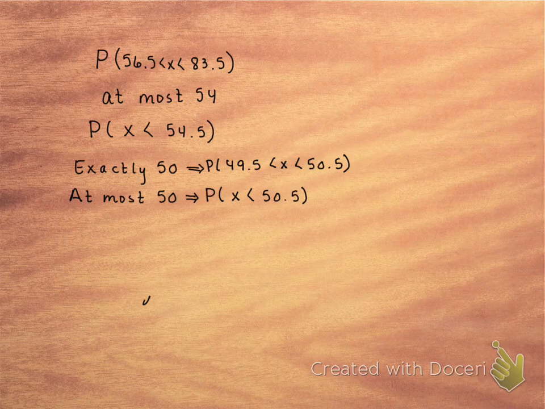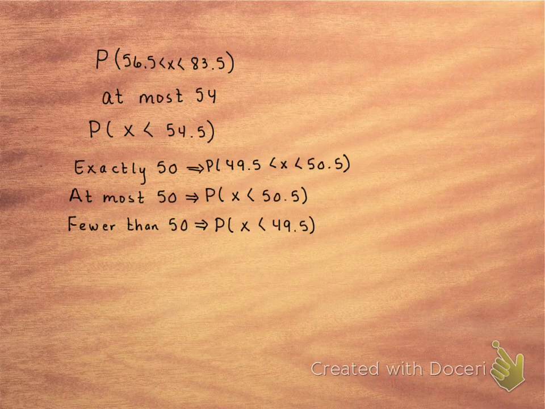And then, of course, all the numbers less than that. Now, the next one is fewer than. If we are looking at fewer than 50, we are not including the 50. So the highest we can go is 49.5.